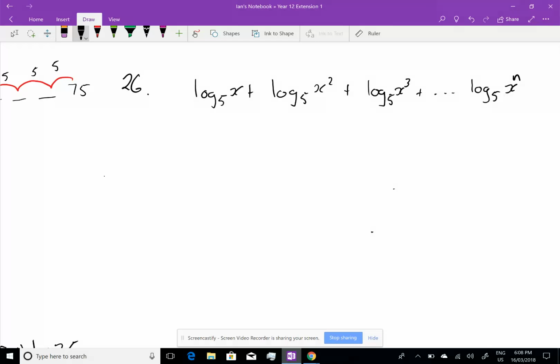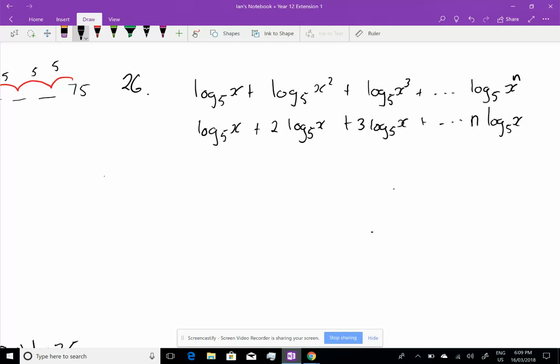The way that I suggest you do it is to remember that you've got to know your log laws. So I'm just going to rewrite all of these: log 5x plus, I'm going to pull that 2 out the front because it's in the power, plus 3 log 5x, plus dot dot dot, n log 5x.